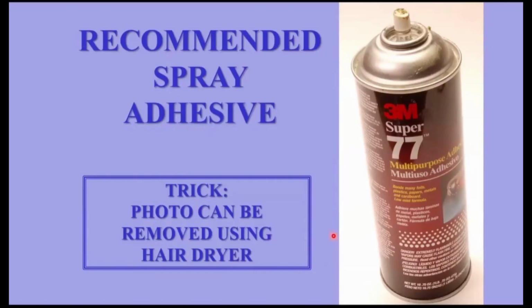Instead of pressing the whole thing on or trying to yank it off, have a small hairdryer nearby and put it on medium heat, heat up that attached portion, and gradually peel it away. It will liquefy the glue, and you probably have to put another coating on your backdrop before you reapply it.